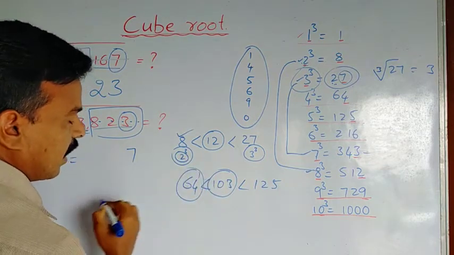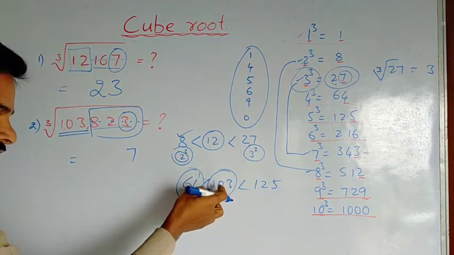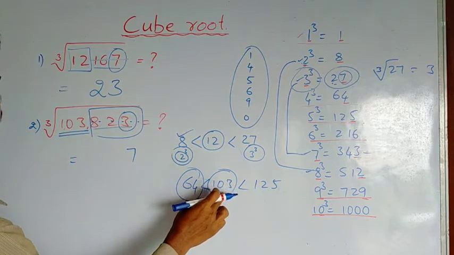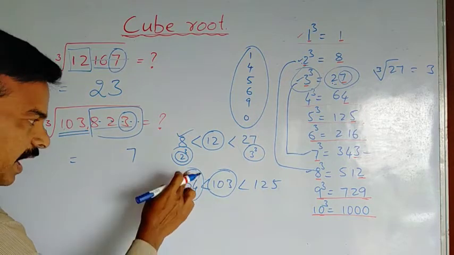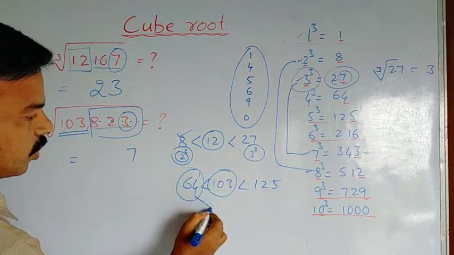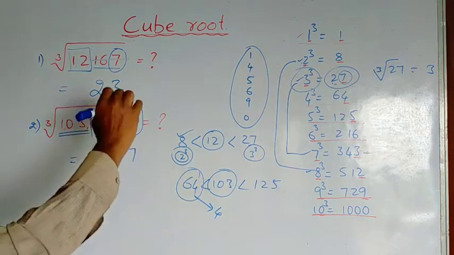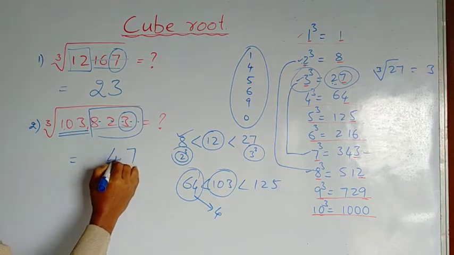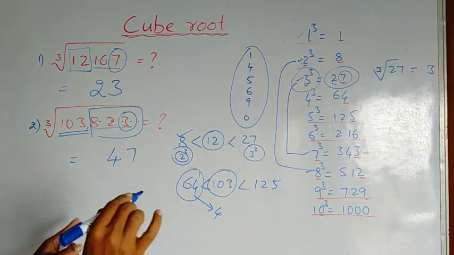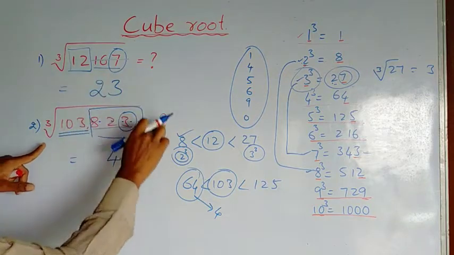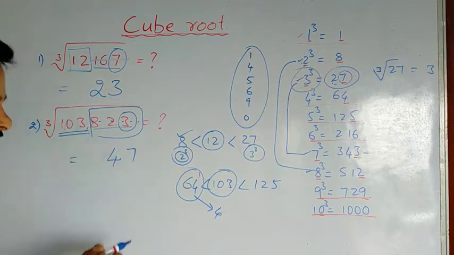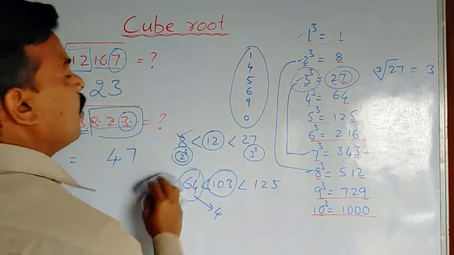We take the lesser one, 64, and its cube root is 4. That's why we take 4 in the tens place. So its answer is 47.